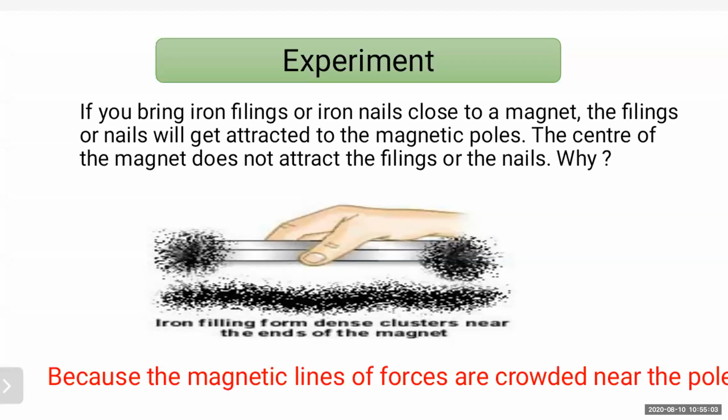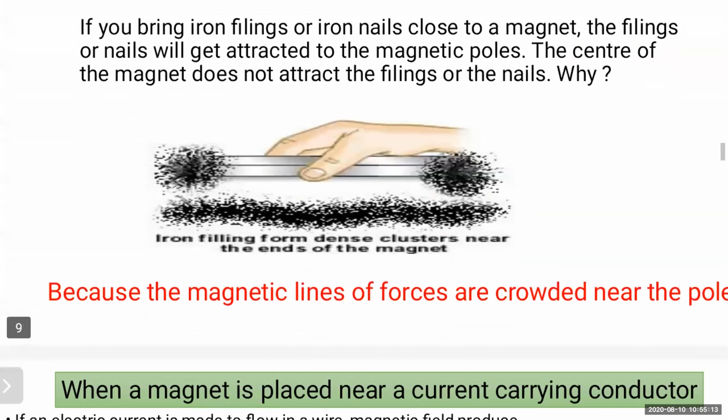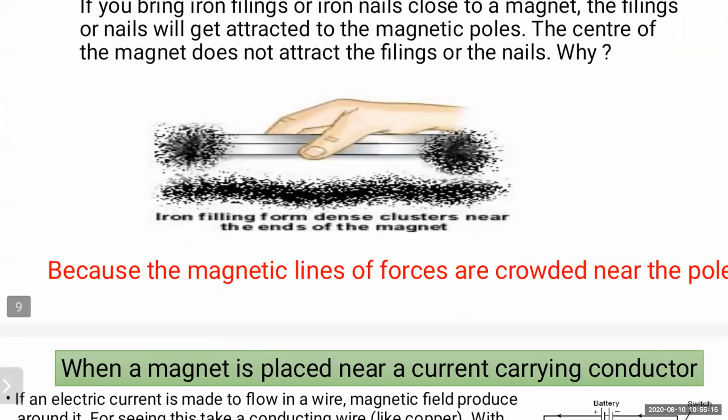Because of that, the magnetic lines of force are crowded near the poles, not in the center. So this is the experiment that shows the magnetic lines of force are crowded near the pole.